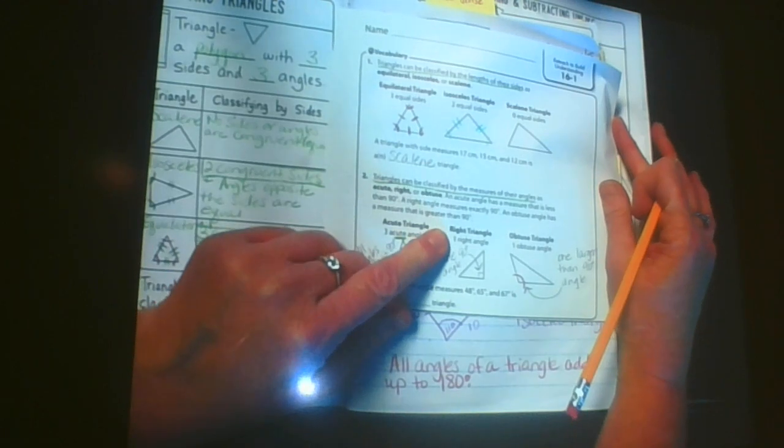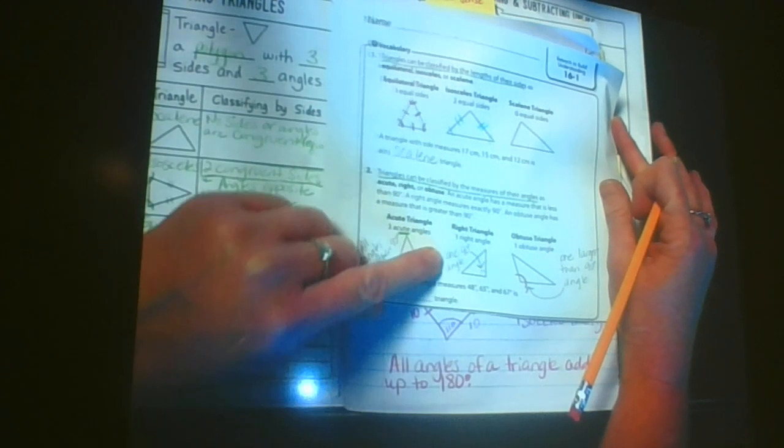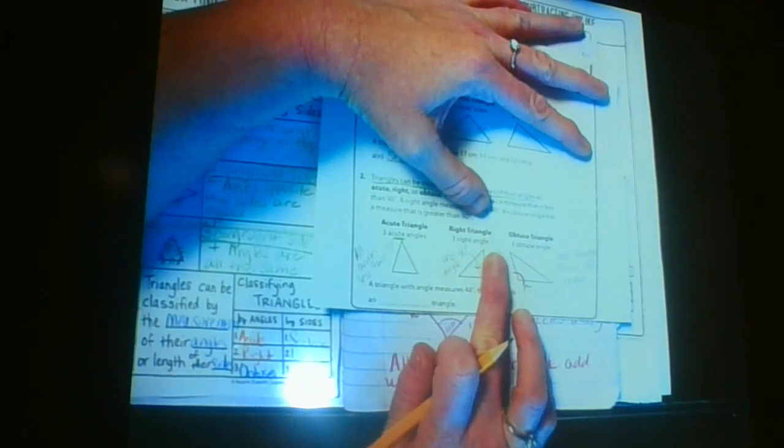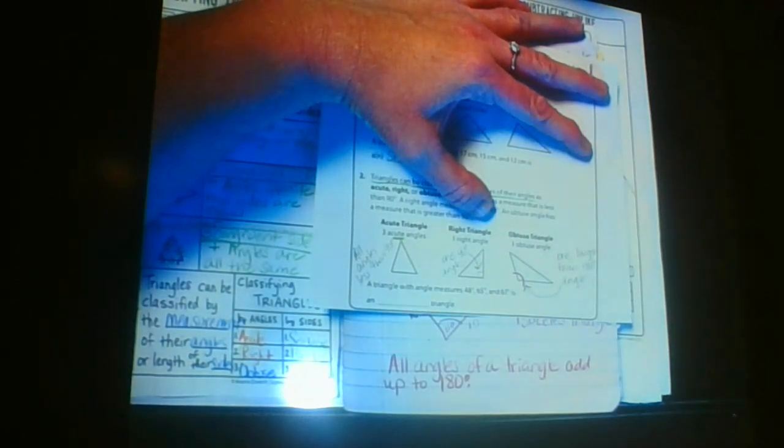We have the right triangle, which has 1 right angle, and the right angle measures 90 degrees. So we have 1 angle that's 90 degrees. And then we have the obtuse triangle, which has 1 angle larger than 90 degrees. The obtuse triangle is bigger than a right triangle, and the acute triangle is smaller than the right triangle.